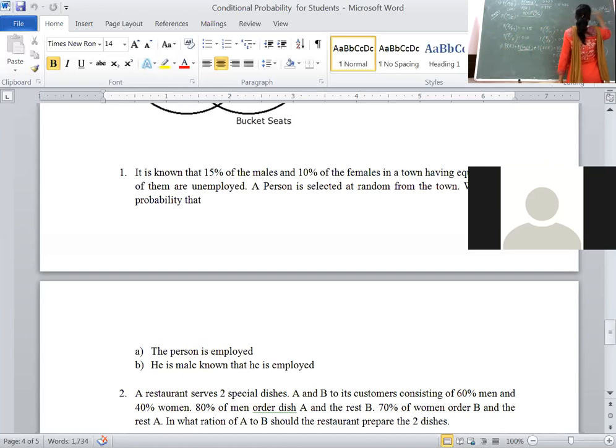Ei, summation, i running from 1 to n, whatever the numerator you will get as it is. Here we are having male and female. Instead of summation i running from 1 to n, we will get summation i running from 1 to 2. What is that? Probability of male into male is employed plus probability of the female into female is employed.